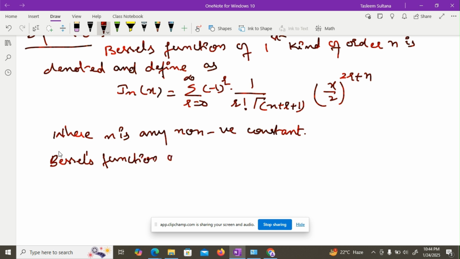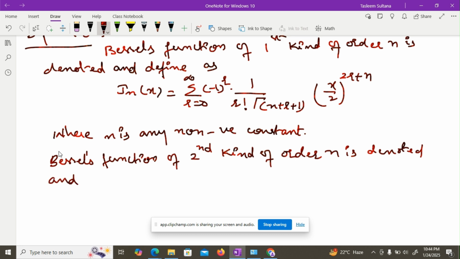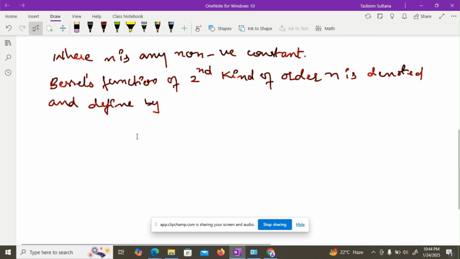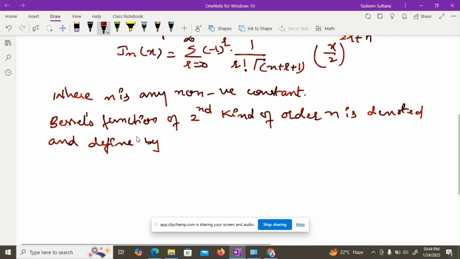Oh sorry, it is Bessel function of second kind of order n, is denoted and defined by J minus n.